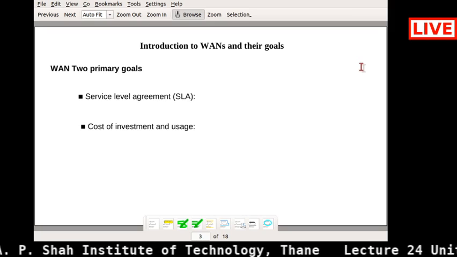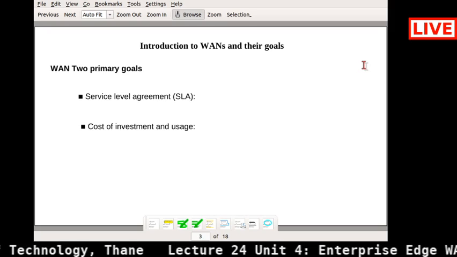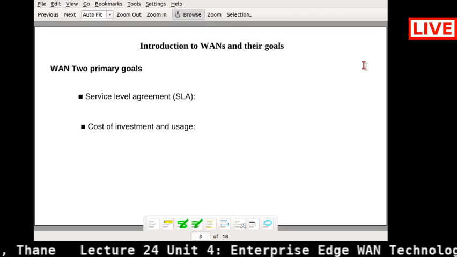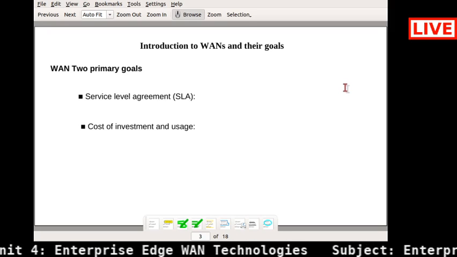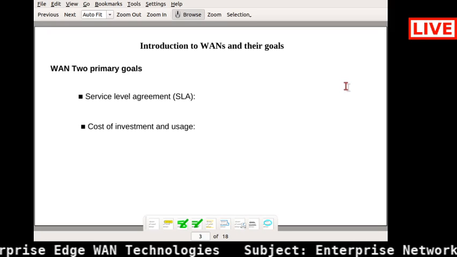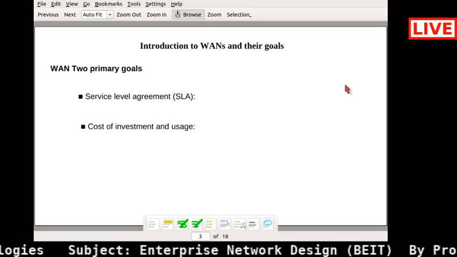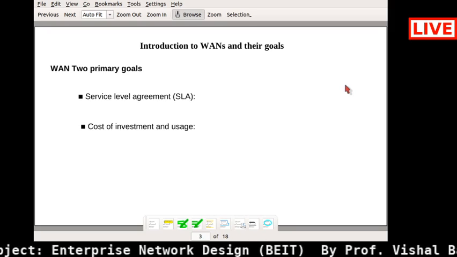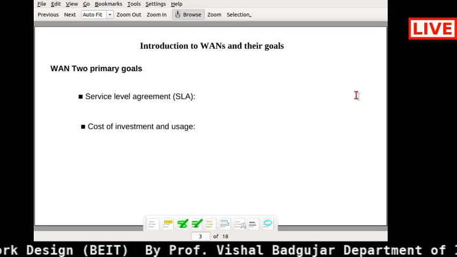We will see how these WANs operate between your enterprise edge and the different service provider edge, and how this WAN is interconnected with all the modules we have seen in that enterprise edge. That also we will see.